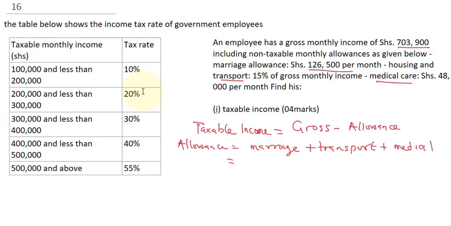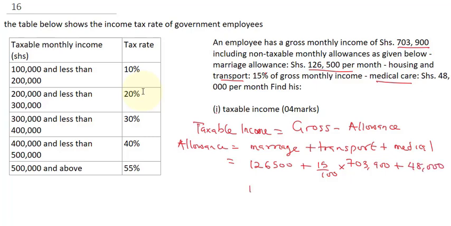So the marriage is 126,500. Transport, they said 15% of gross, which is 15 over 100 multiplied by the gross, 703,900, plus medical care, which is 48,000.